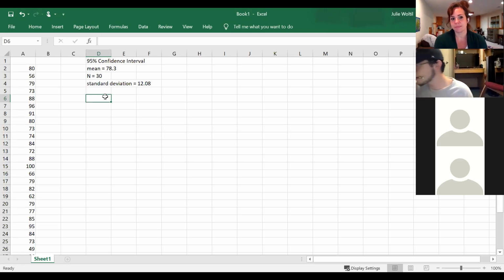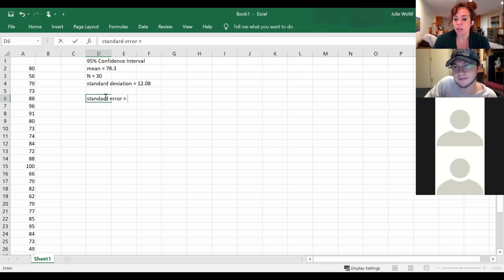Is it the standard deviation over the sample size squared? No, the square rooted. Yeah, square root. What is it we're solving for with that? It's the sample standard error. Yes. Excellent.